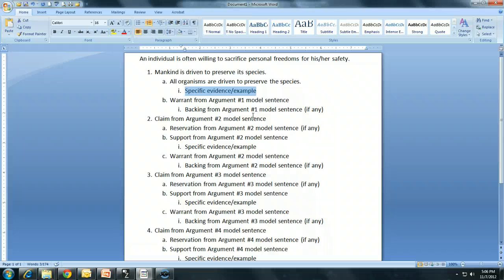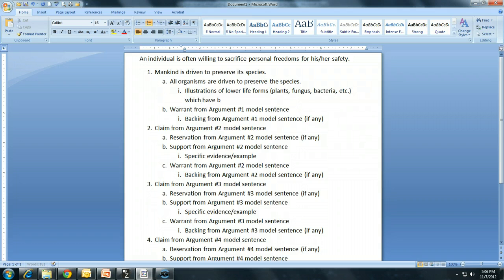So I just write down illustrations of lower life forms, such as, I'll just put in parentheses, plants, fungus, bacteria, etc., which have been engineered by evolution.